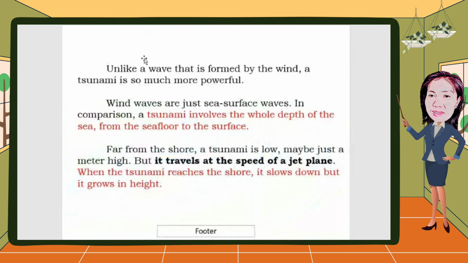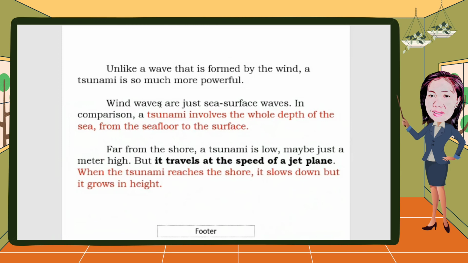Okay, so unlike a wave that is formed by the wind, a tsunami is different. This is much more powerful. So we all know that the wind wave, the normal wave we can see in the seawater, is just a seawater wave. In comparison, a tsunami involves the whole depth of the sea from the seafloor to the surface.